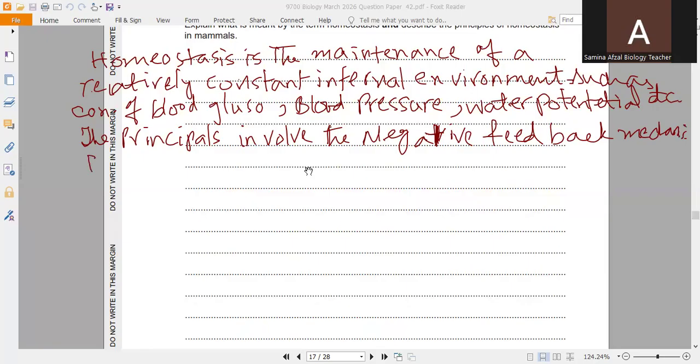Components of this homeostasis: receptors detect any change in the environment.